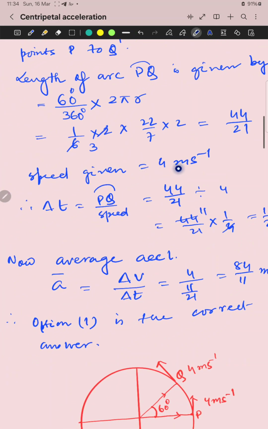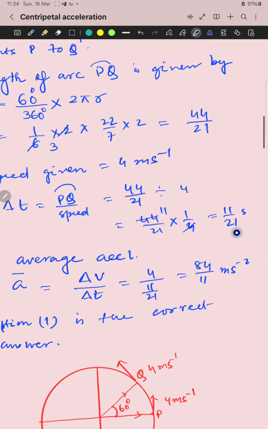Now the speed given is 4 meters per second. So how to calculate time? The length of the path traversed between P and Q divided by the speed. So we did that, 44 by 21 divided by 4, and that gives us the time, which is 11 by 21 seconds.